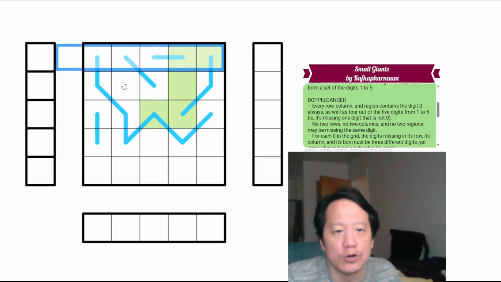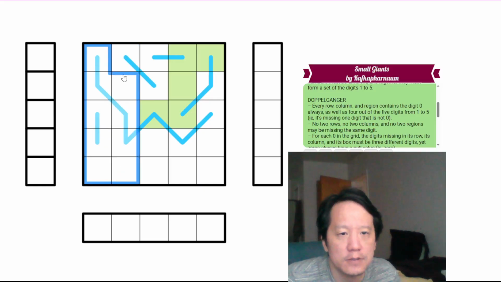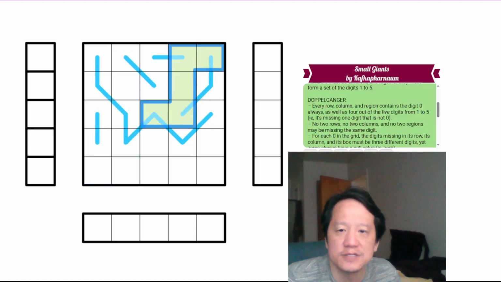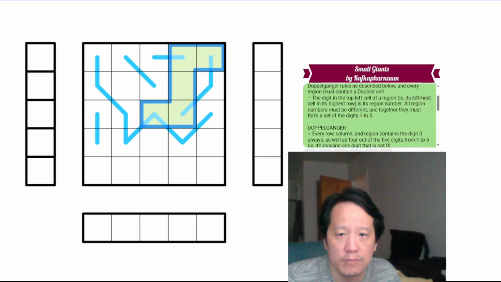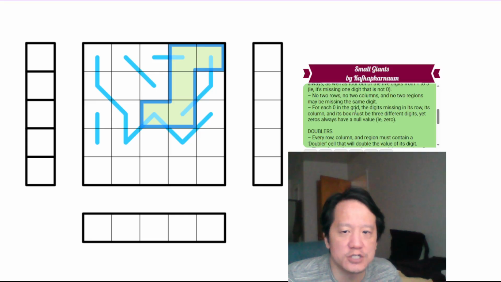No 2 rows, 2 columns, or 2 regions may be missing the same digit. And for each 0 in the grid, the digits missing in its row, its column, and its region must be 3 different digits. Yet zeros always have a null value. That is 0. Okay?